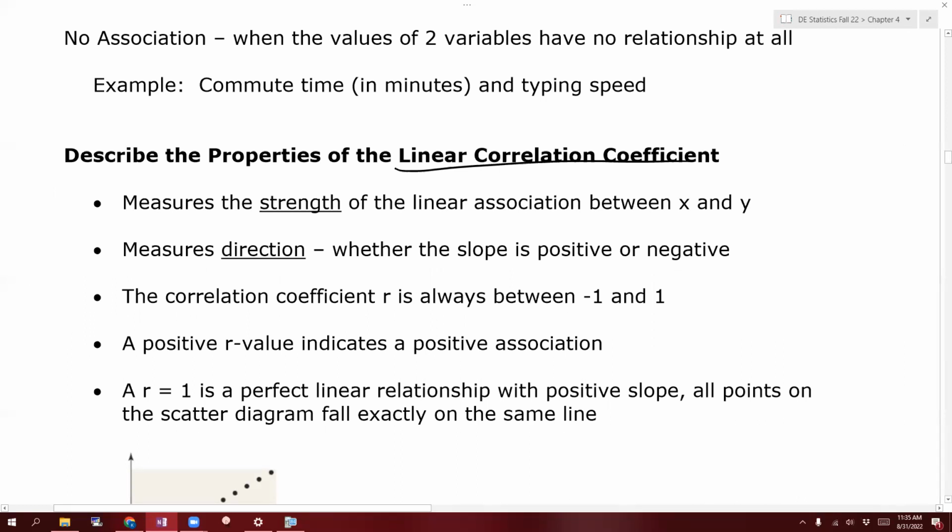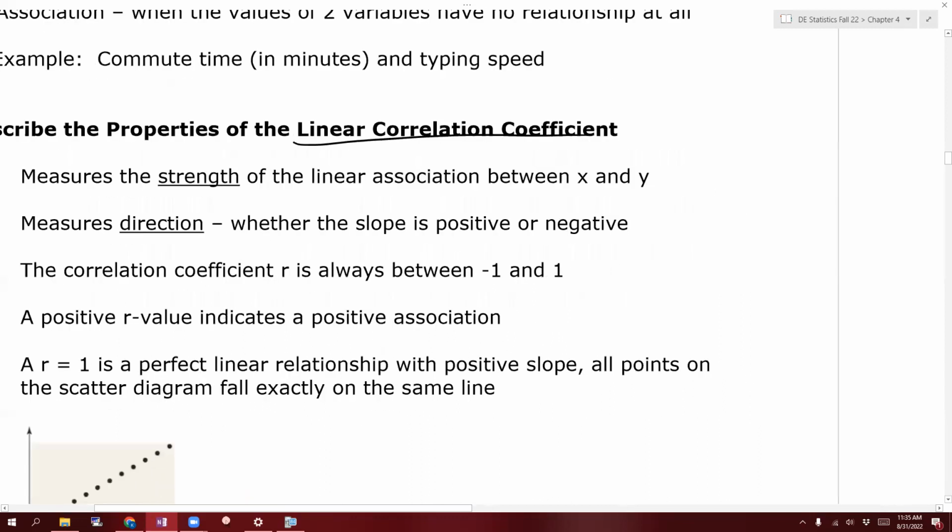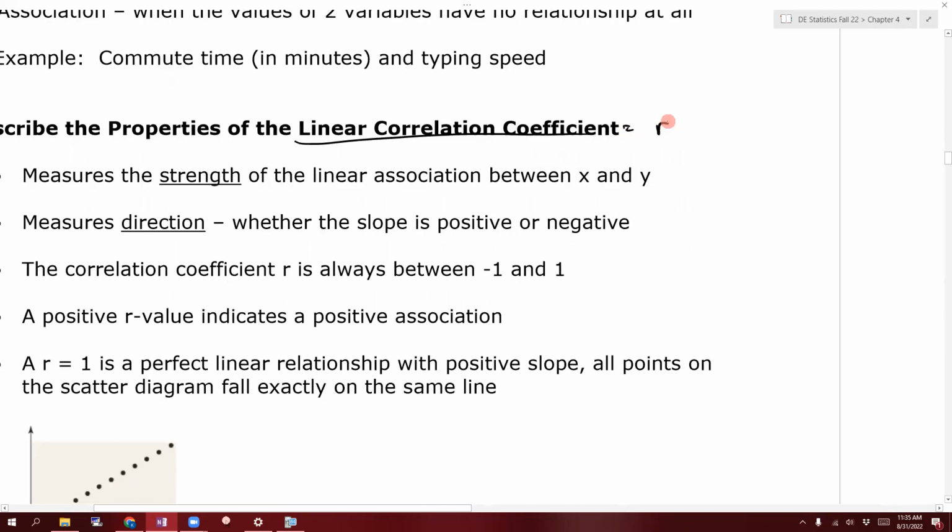So your R, your linear correlation coefficient, R is the variable we use for that. It can be positive or negative. Positive means that there's a positive association. Negative means there is a negative association. The strength, or that number of your correlation coefficient, can go between -1 and +1.